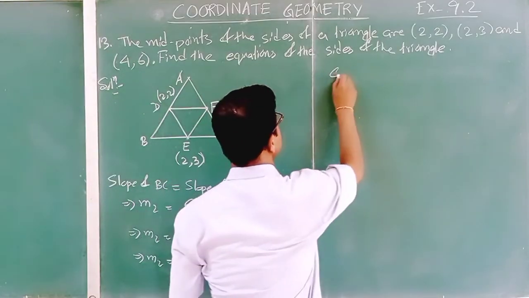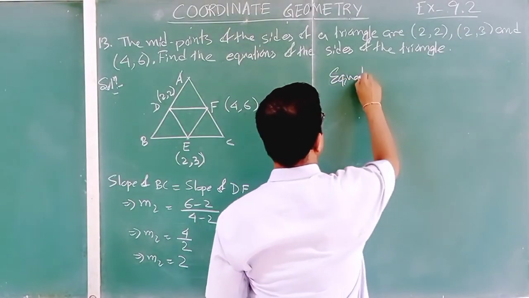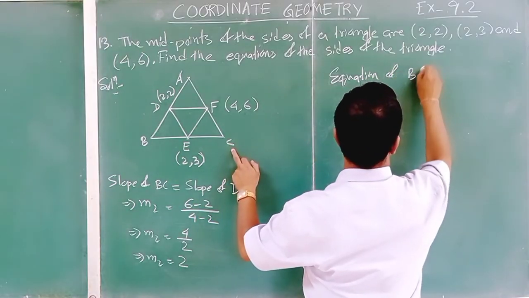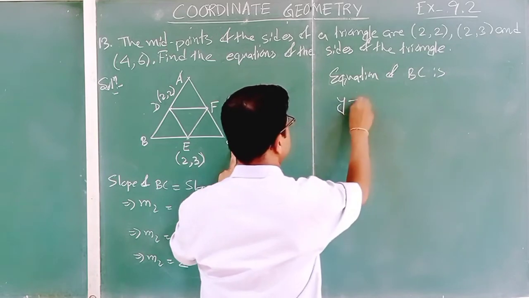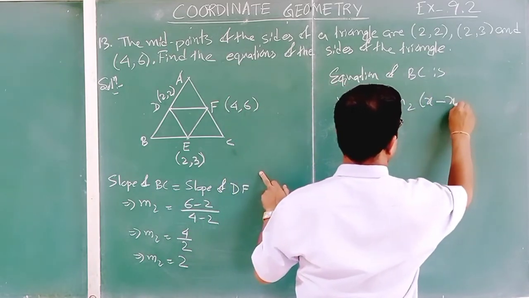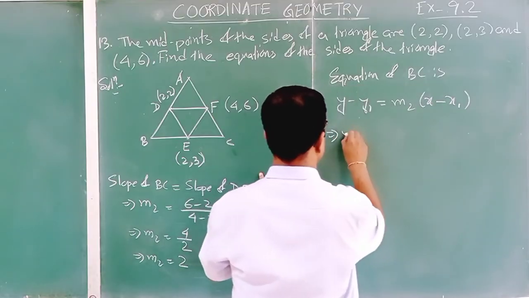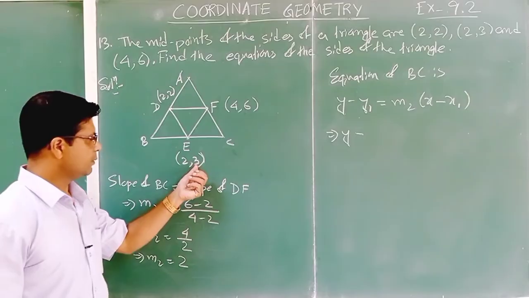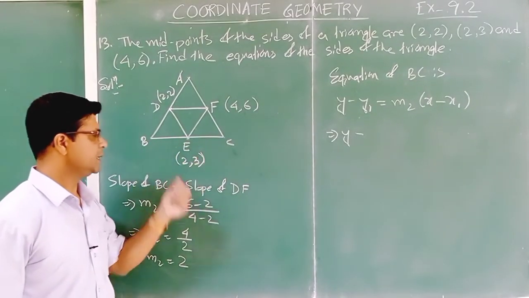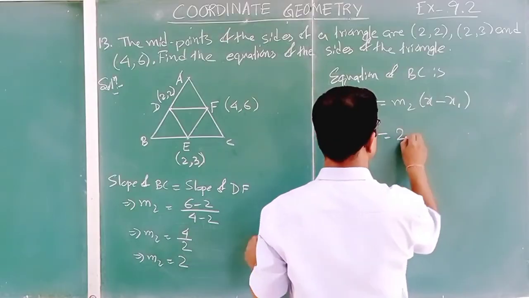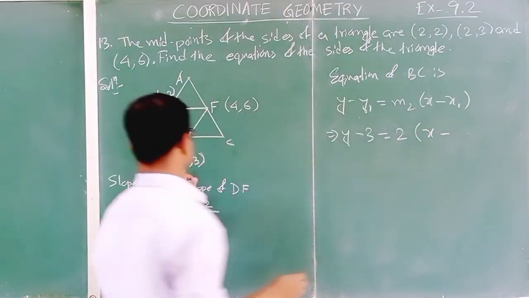So the equation of BC, the formula is y minus y1 equals M2 times (x minus x1). To find the equation of this straight line BC, y1 is 3, M2 is 2, and x1 is this 2.